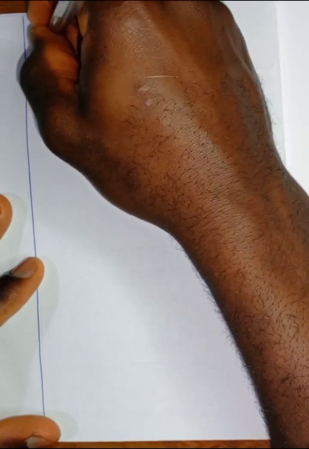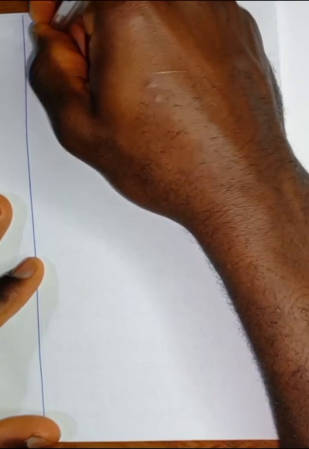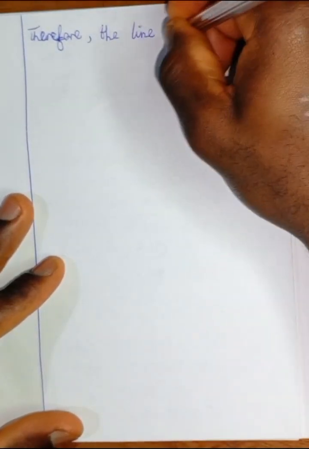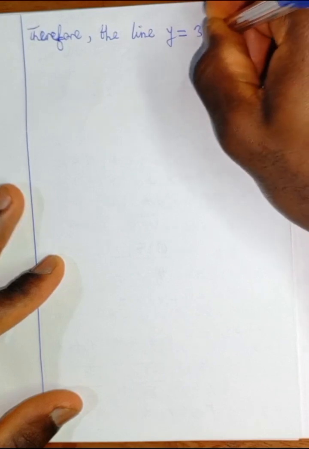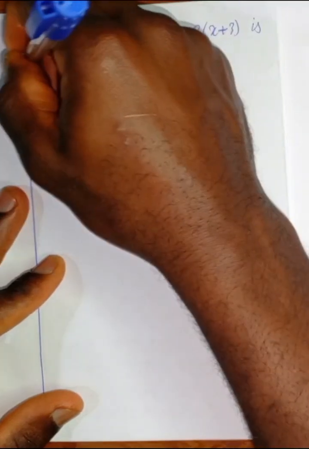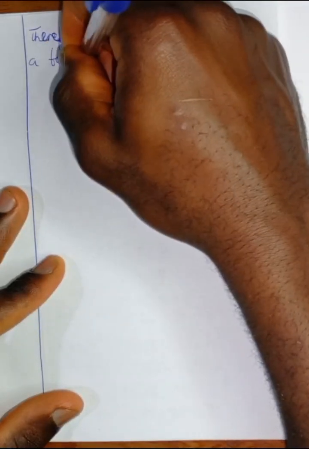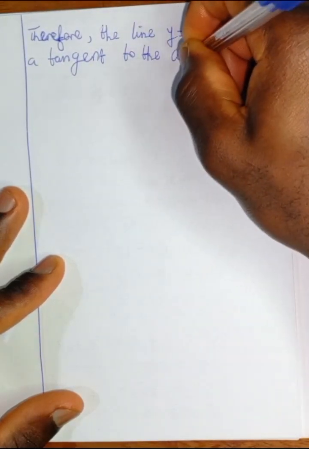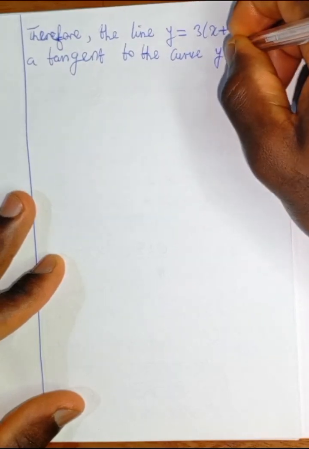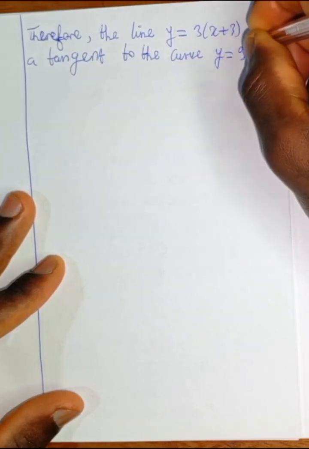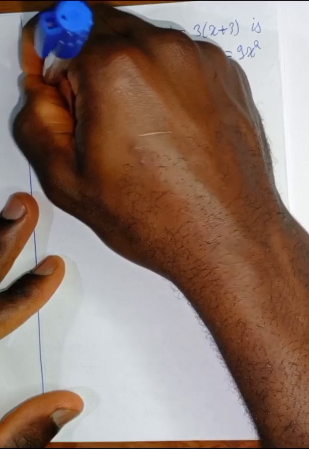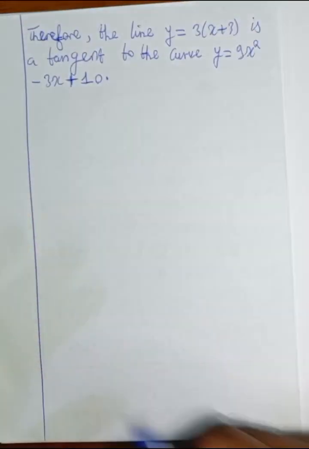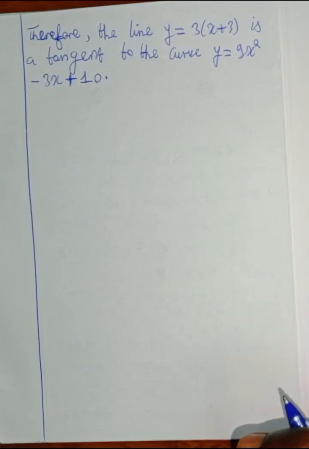Therefore, the line y equal to 3 times x plus 3 is a tangent to the curve y equal to 9x squared minus 3x plus 10. And we are done with the questions.